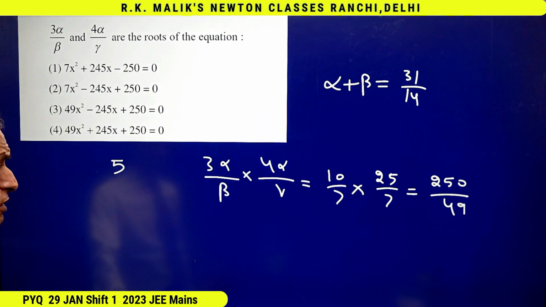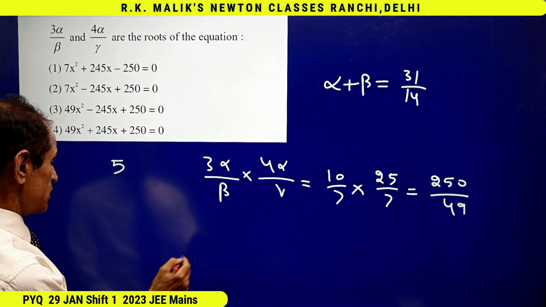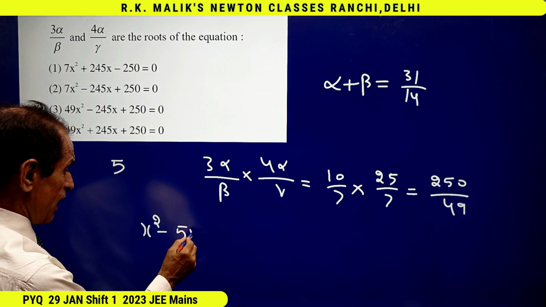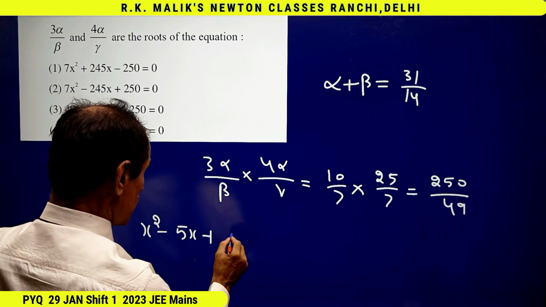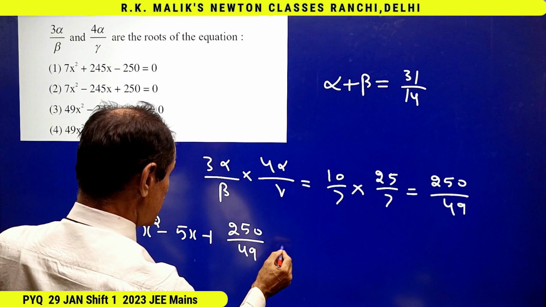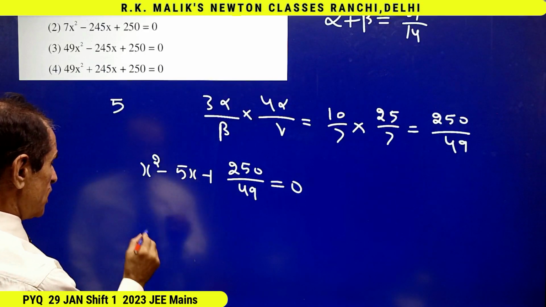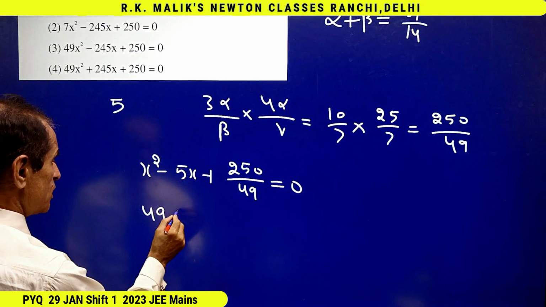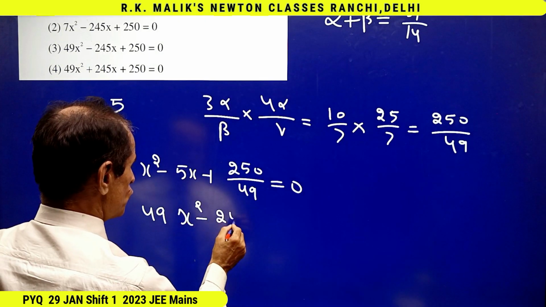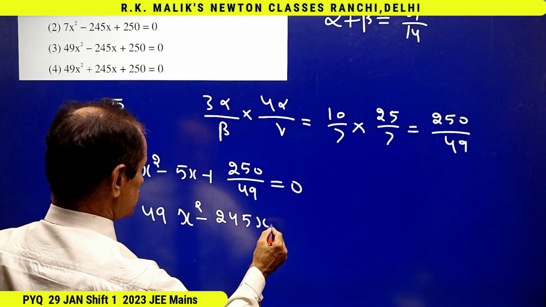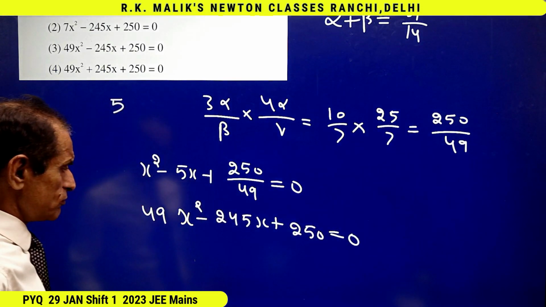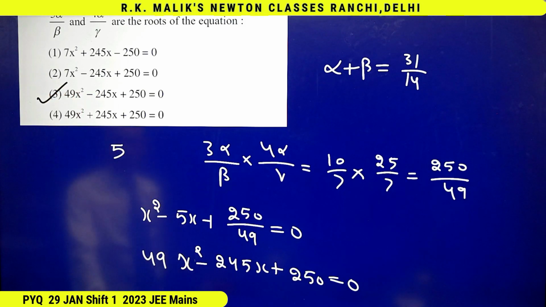Hence the quadratic equation whose roots are this and this will be x square minus sum of the roots x plus product of the roots 250 upon 49 equal 0. That is, I will get 49 x square minus 245 x plus 250 equal 0. Hence, I can say third choice is correct choice.